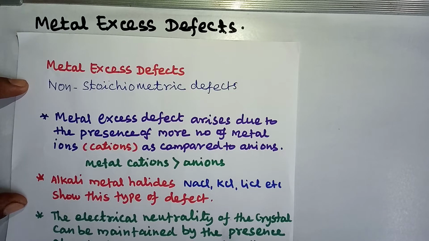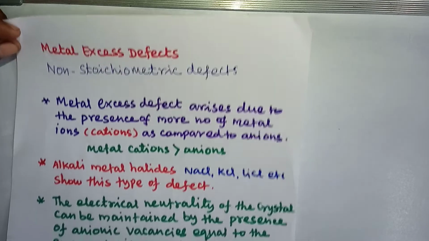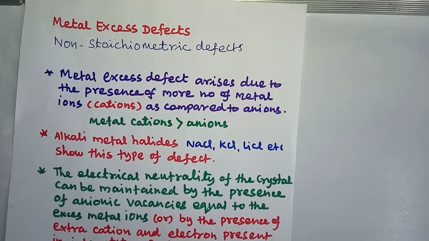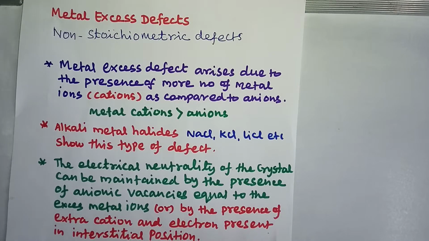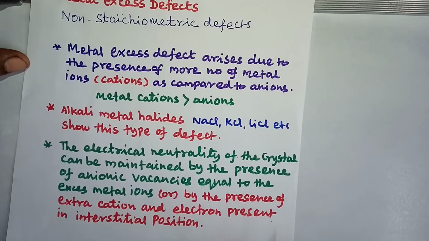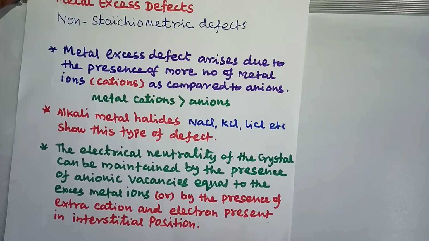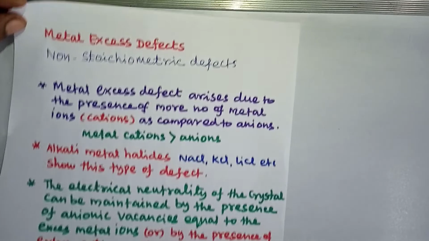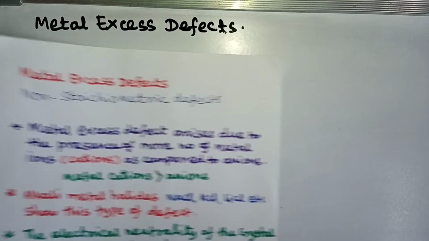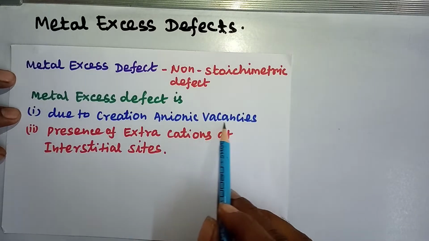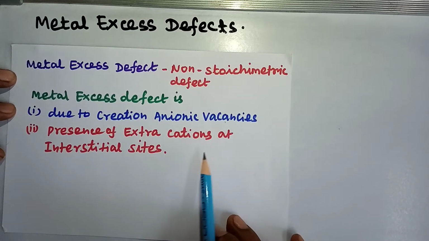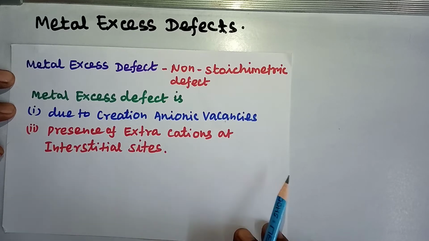This type of defect is shown by alkali metal halides like sodium chloride, potassium chloride, lithium chloride, etc. The electrical neutrality of the crystal is maintained by the presence of anionic vacancies, and extra cations and electrons present at interstitial sites.